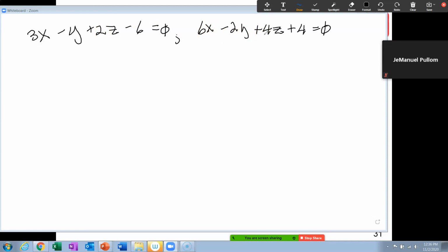Exact multiples. 2 times the first is the second. Now, how do you know they're not the same plane? Because that fourth value there is not twice. Twice negative 6 is not 4. It would be negative 12. So therefore we know these are parallel. They have the same normal vectors, but they're not intersecting. Okay, so that's the first thing to notice. They are parallel planes, which they said they were.